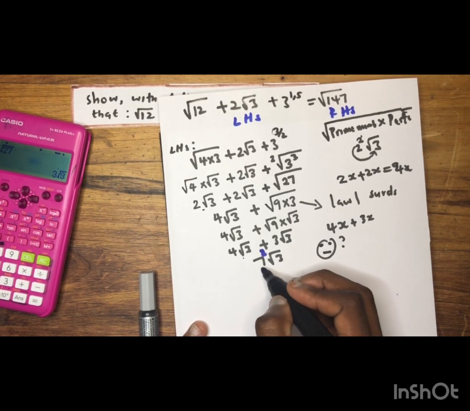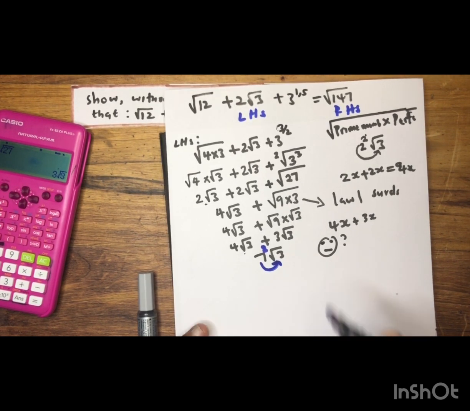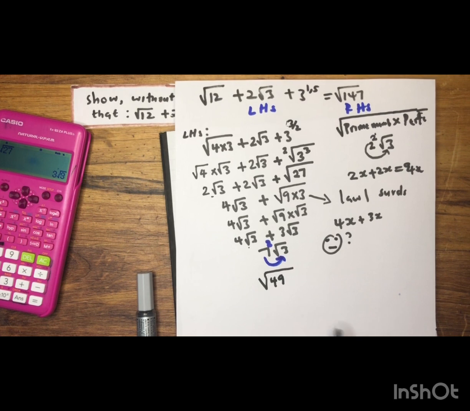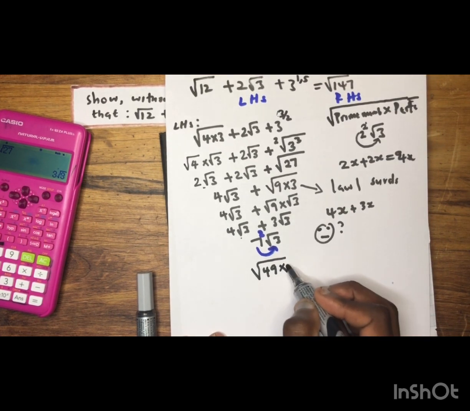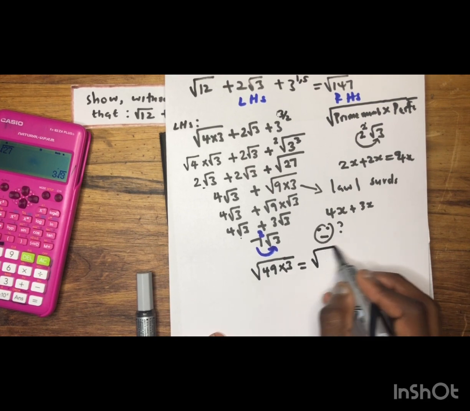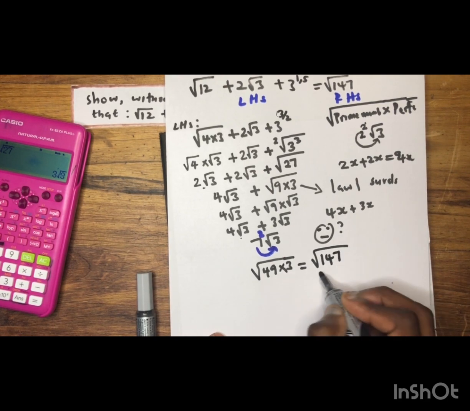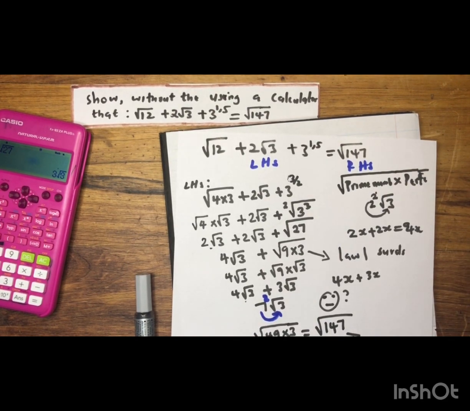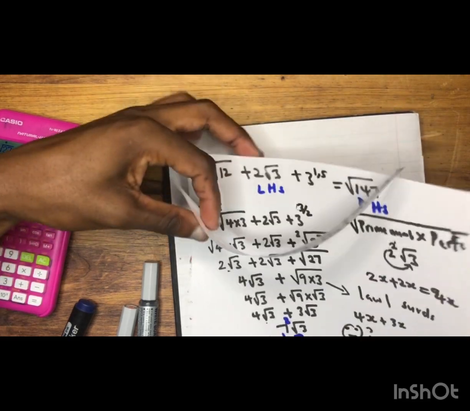Then we put the square root here and put 7 squared inside. So 7 squared gives us what? 49. 49 times what? 3. If you press 49 times 3 on your calculator, you will get 147, which is the same as this one. Now you can conclude that your left hand side is equal to the right hand side.